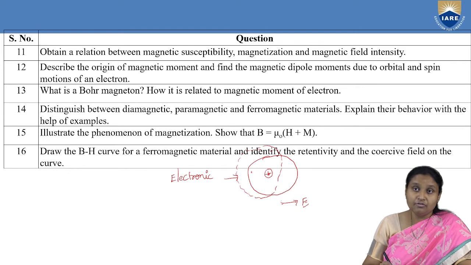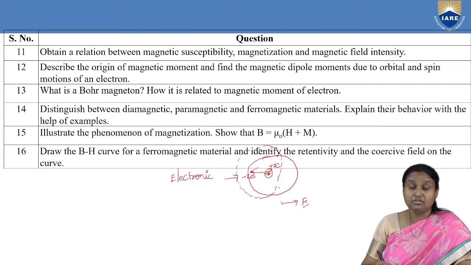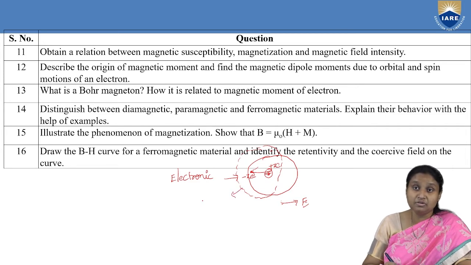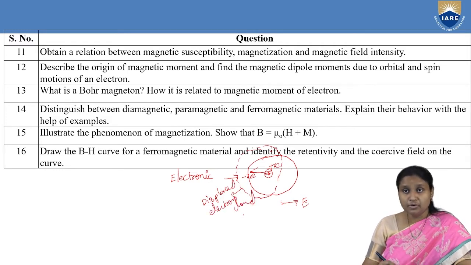Then the center of the negative electron cloud, which is taken as minus Ze, and the center of the positive nucleus, plus Ze, are separated by a small distance. Now each atom is in the state of a dipole because of the displacement of the electron cloud. This is the displaced electron cloud. This phenomenon is called electronic polarization.